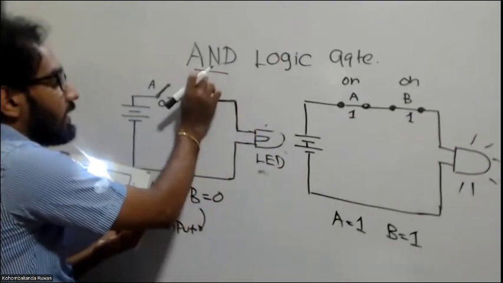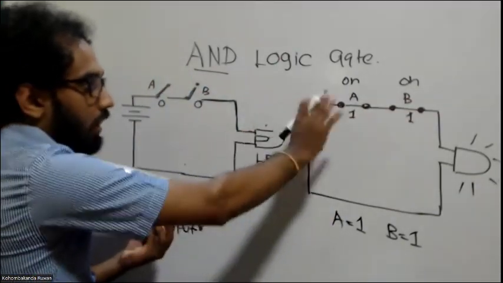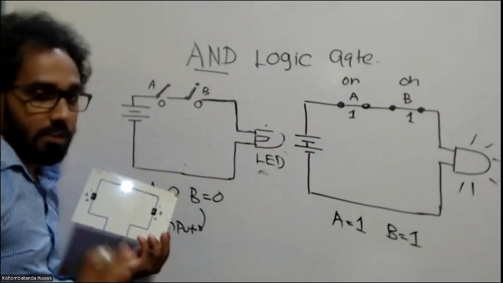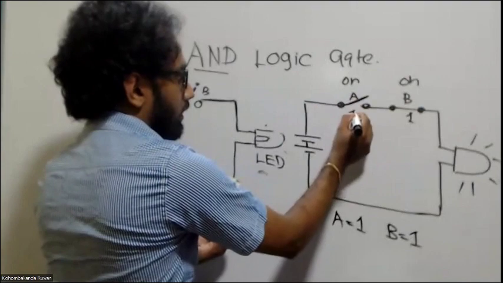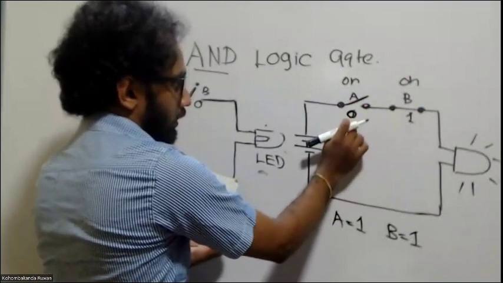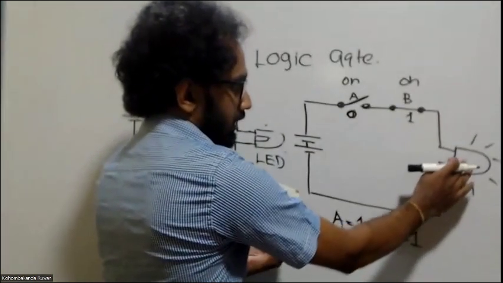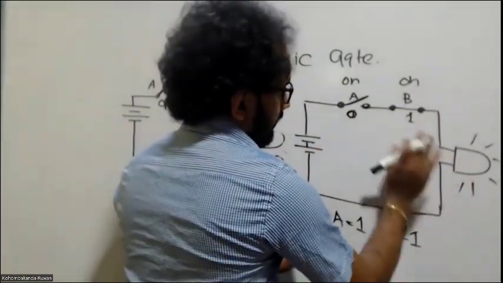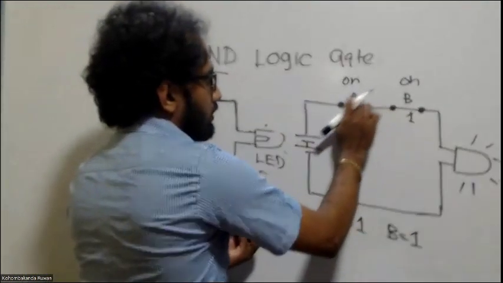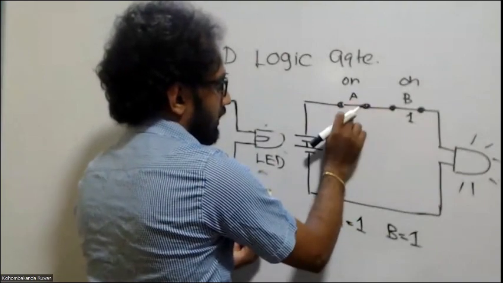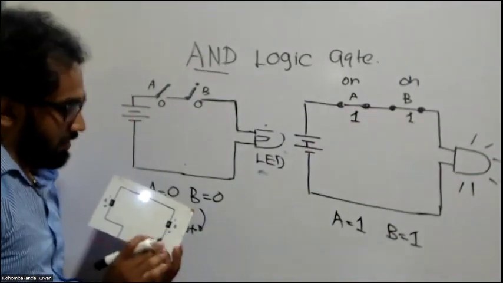That is an AND logic gate. Assume that one state is 0 and this one is 1. What will happen? The bulb will not light because it is 0. That means both switches A and B should be 1 here.